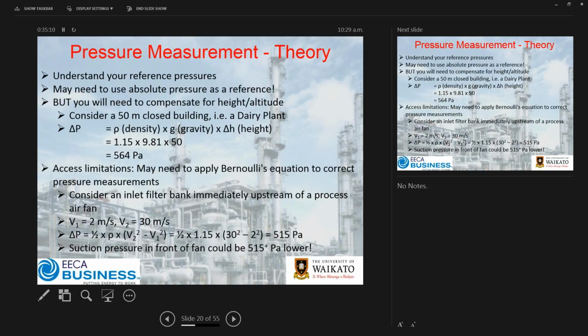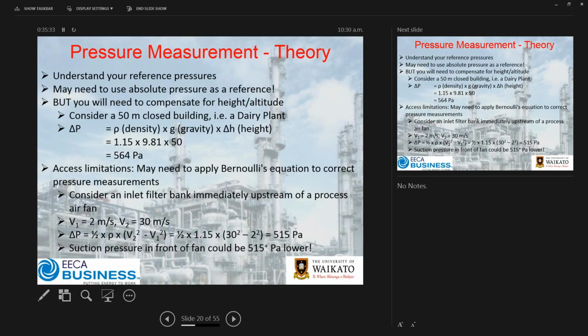Now you might ask, well, so what? Well, here's the point. If you've measured your pressure at your filter intake and you're assuming that is your suction pressure, what you'll actually find is the suction pressure at the intake to the fan itself, i.e. at the throat of the impeller. Let's say you measured your suction pressure after your filter bank of say minus 200.